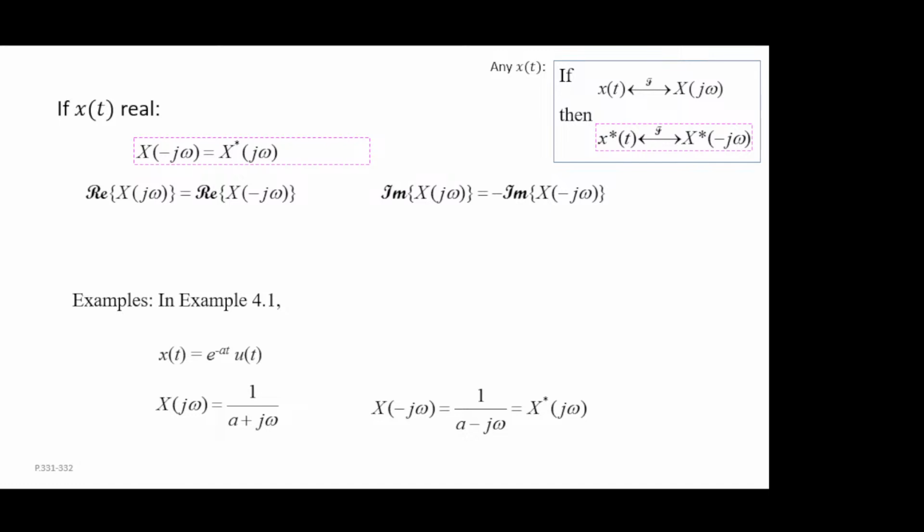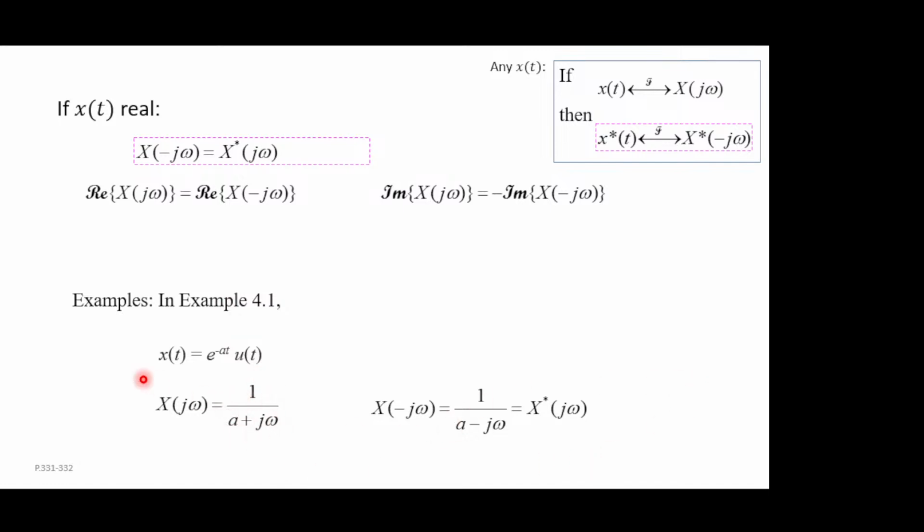In example 4.1 we have x equal to the exponential decay e to the minus at times u of t. If your a is real, then our x is real, and then our big X of j omega is complex: 1 over a plus j omega.